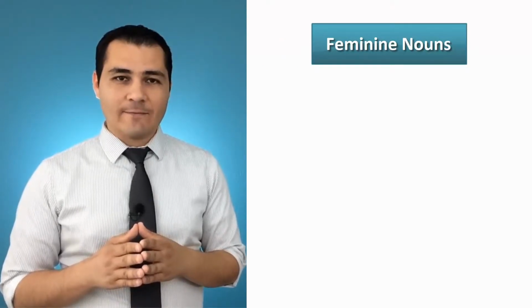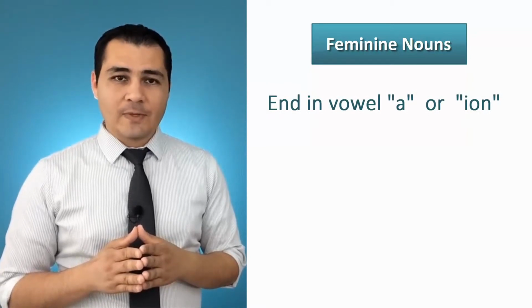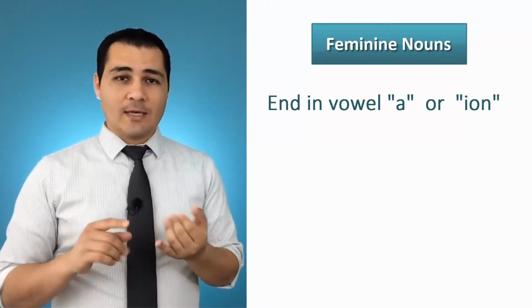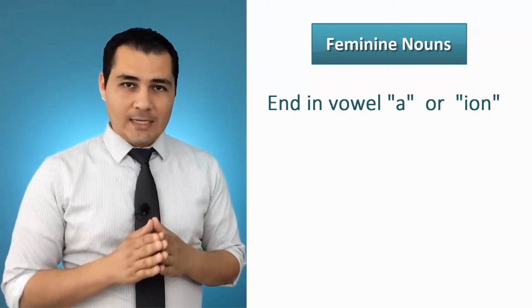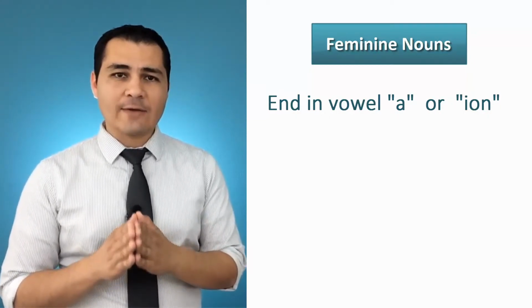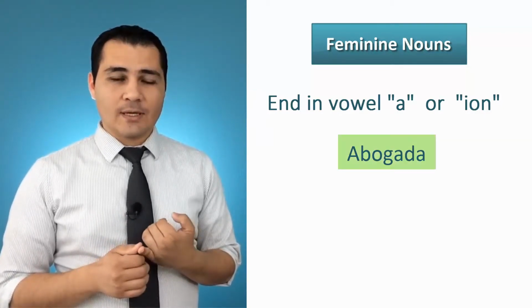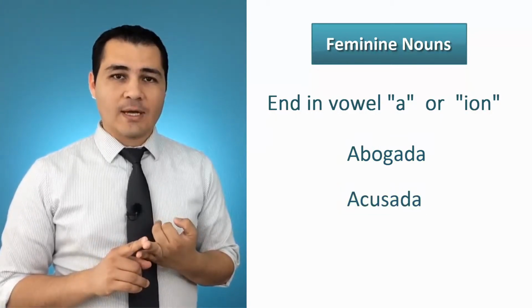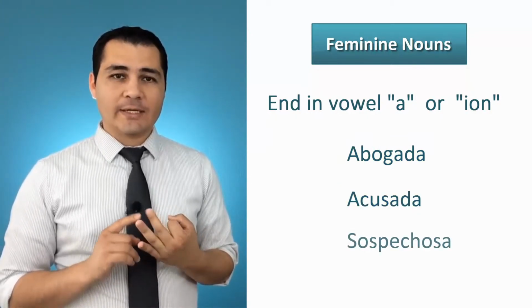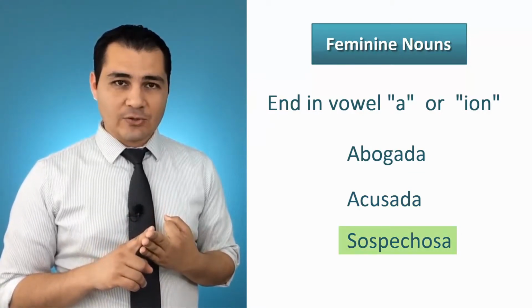Now let's talk about feminine nouns. Feminine nouns are also easy to identify. Those nouns either end in vowel A or they have the ION ending. For instance, nouns that end with A: abogada, acusada, and sospechosa.